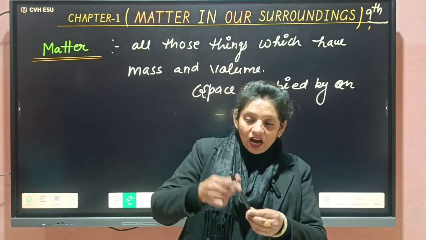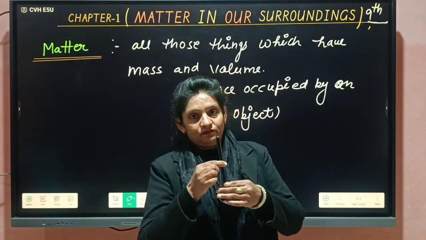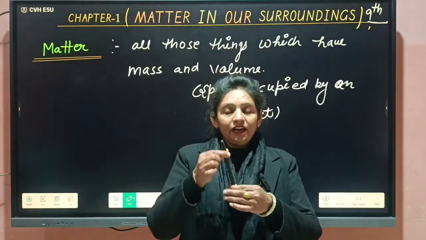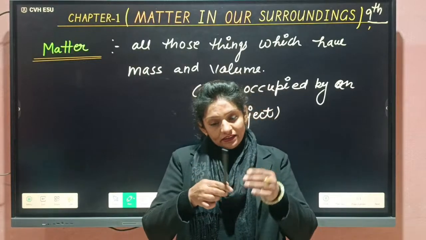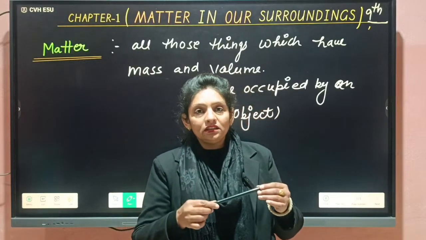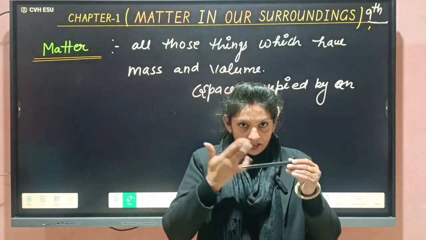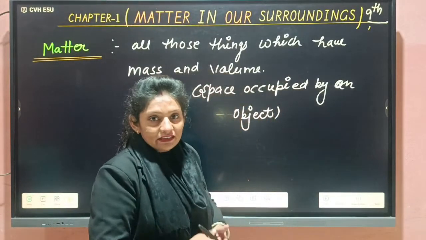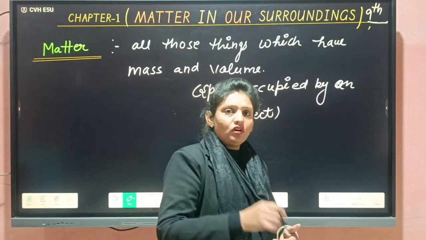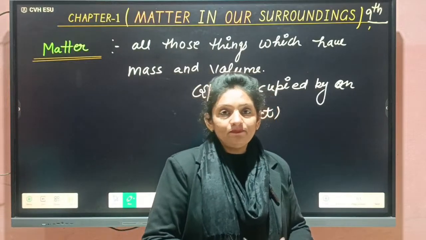Like this, I can feel this by touching. I can feel it is hard and it is solid. I can see it is black in color. I can smell it is odorless. Means I can feel this by my senses. That's why I can say that it is matter.